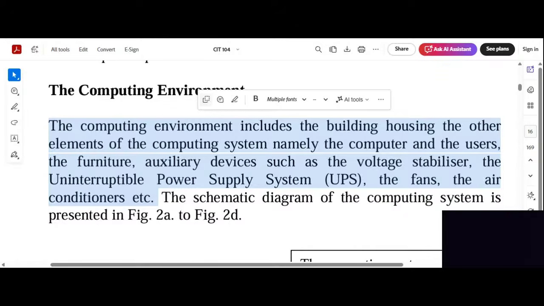So you have so many things: the user, the furniture, the auxiliary. If you have AC there, if you have fan, anything at all that you can set your eyes on and identify as existent in that place is a part of the computing environment.